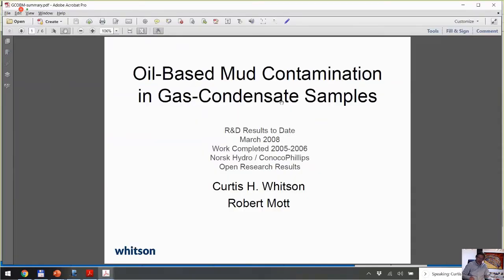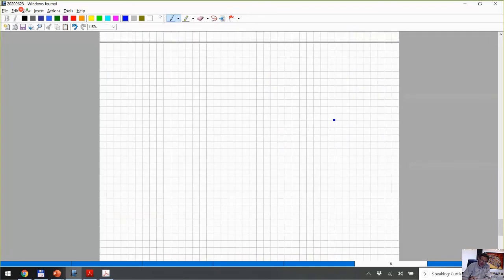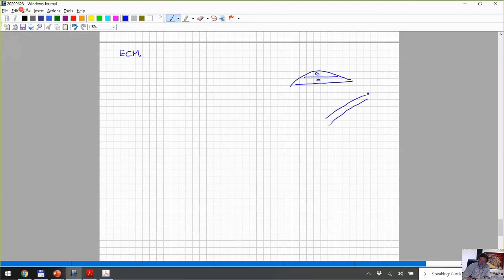So then we're to the last topic, this equilibrium contact mixing. So we're talking about any kind of reservoir that has gas cap, oil, where we have saturated GOC.